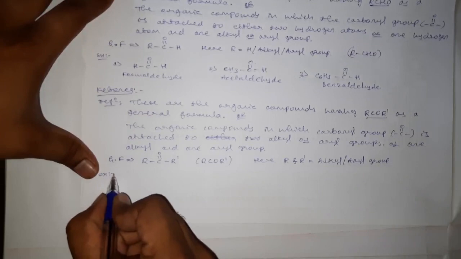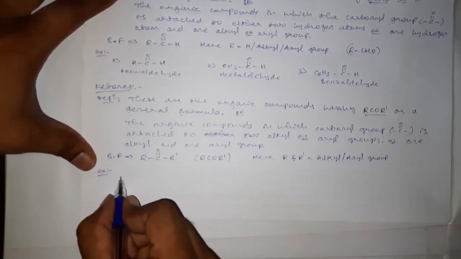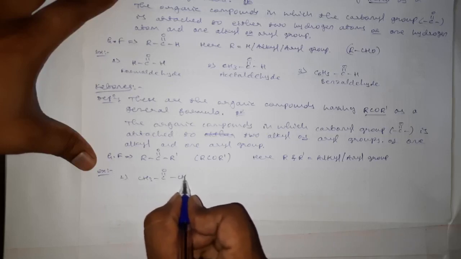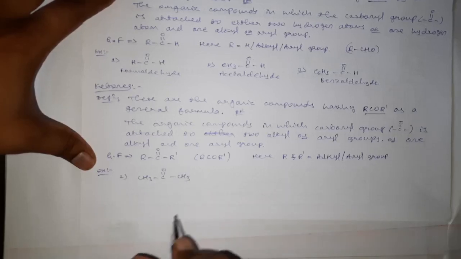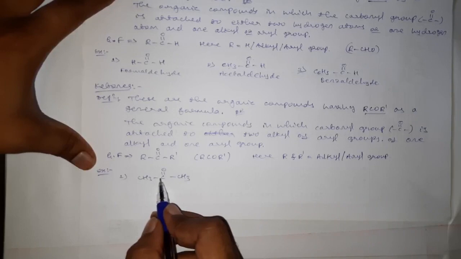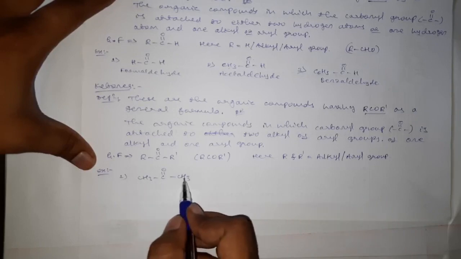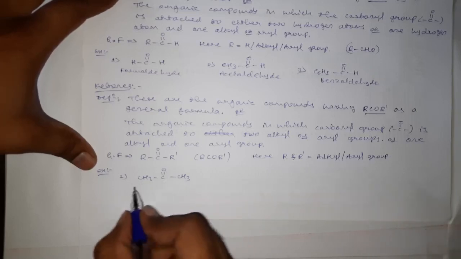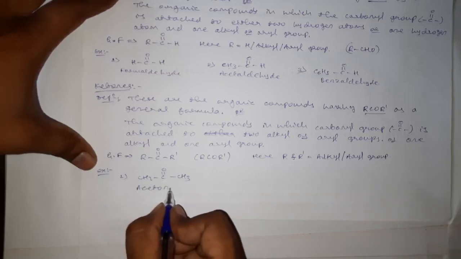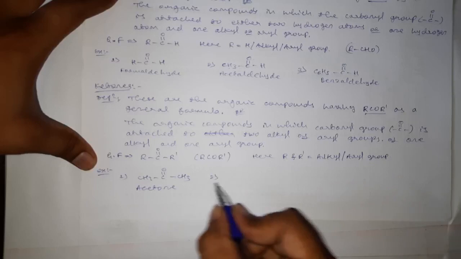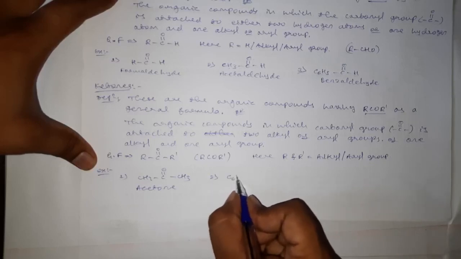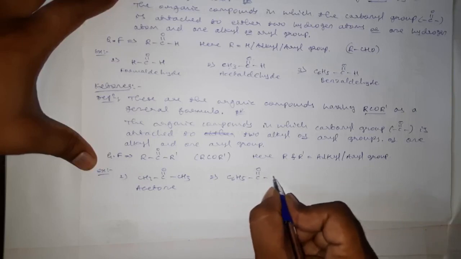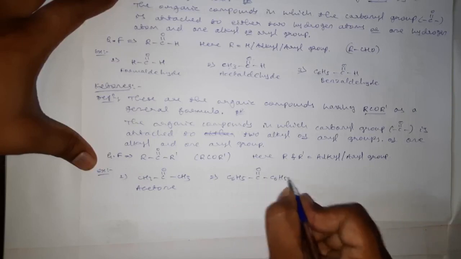take some examples for ketones. CH3 C double bond O CH3, correct. Here the carbonyl group is attaching to two alkyl groups, and it is of the form R C double bond O R dash. It is a ketone and its name is acetone. Then take another one, C6H5 C double bond O C6H5.